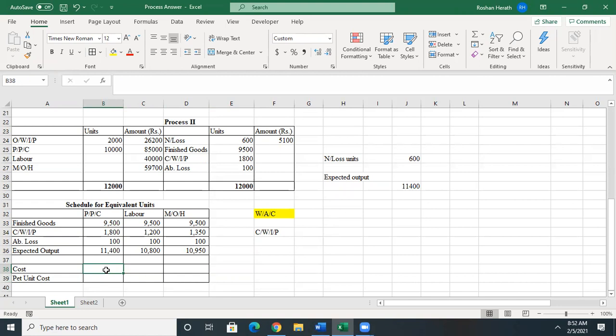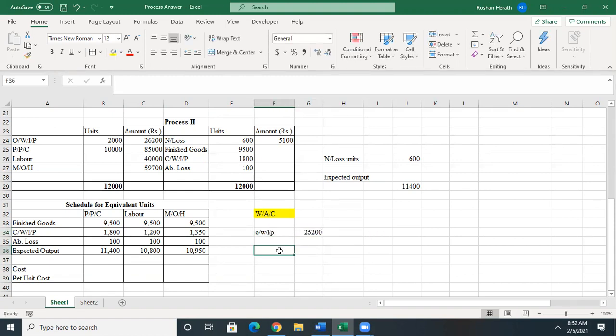So let me start with the previous process cost. 85,000 is there. You need to add. So before that, let us look at what is the cost of the previous process. When it comes to the opening WIP, it contains a value of 26,200.